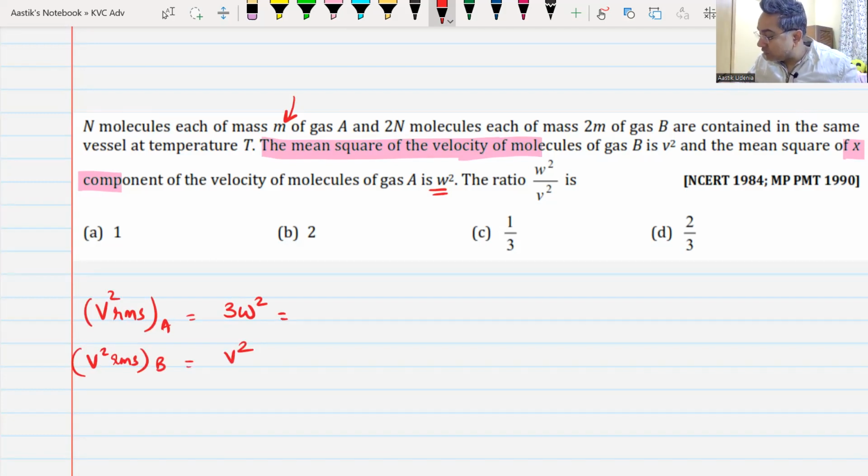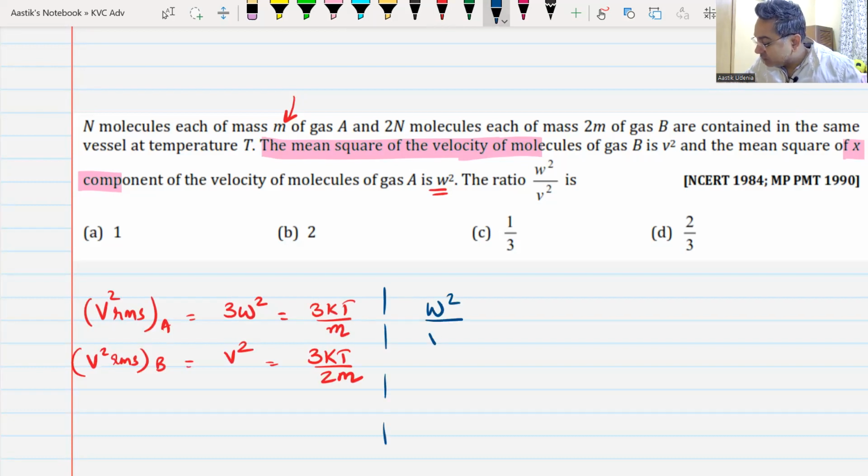This is equal to 3kT by m for A. This is equal to 3kT by 2m for B. So from here, we can easily find out W square by V square, and I think you will get the result as 2 by 3. Do we understand how this is done? Yes, sir.